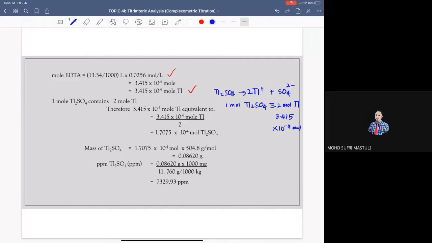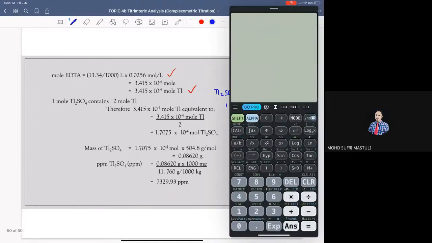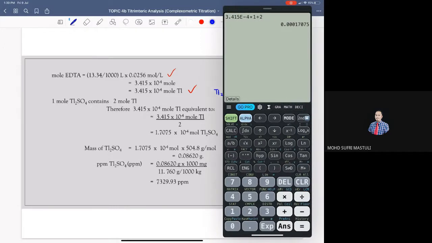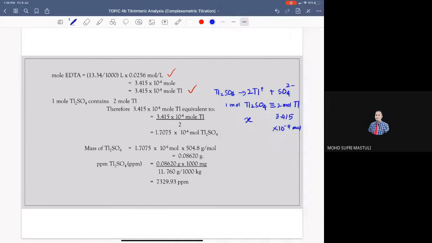So you can calculate the mole of Tl2SO4. So 3.415 times 10 to the power of minus 4 times 1 divided by 2. So the answer is 1.7075 times 10 to the power of minus 4.